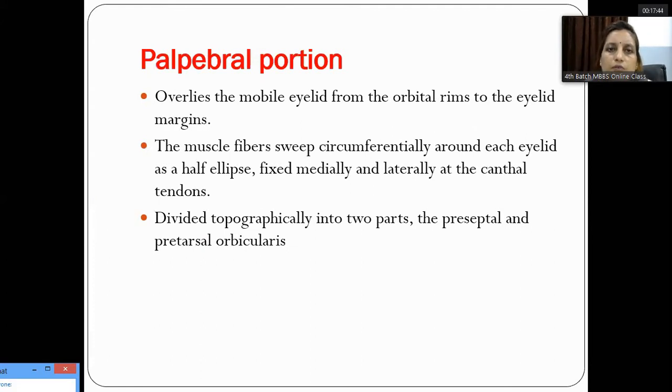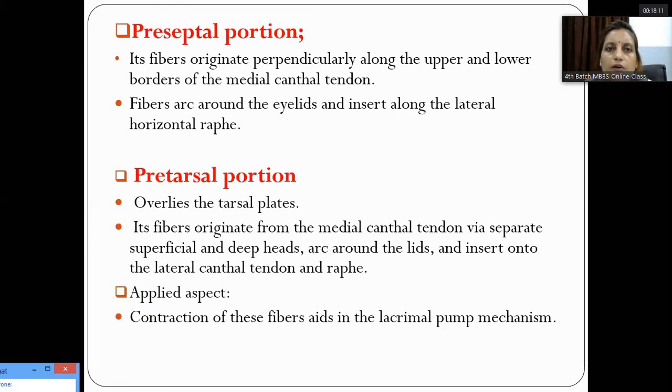The palpebral portion overlies the mobile eyelid from the orbital rim to the eyelid margin, and the muscle fibers sweep circumferentially around each eyelid as a half ellipse, fixed medially and laterally at the canthal tendon, and is divided topographically into two parts, preseptal and pretarsal. So the preseptal portion of the orbicularis oculi originates perpendicularly along the upper and lower border of the medial canthal tendon.